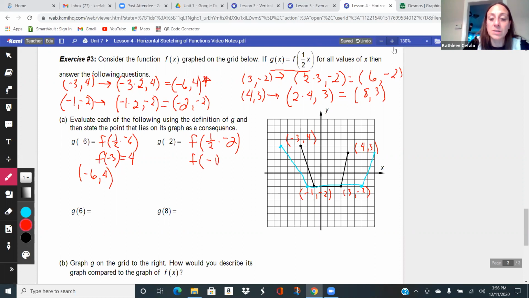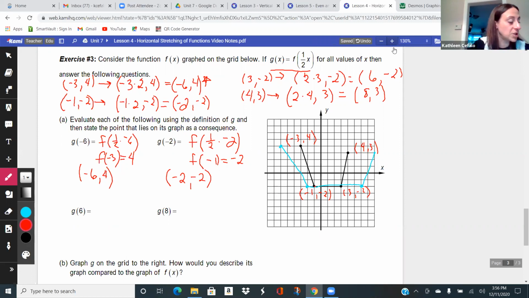And if I look on our graph, the f of -1 should give us -2. Okay, and the graph that we're looking at is the black graph. So if I go f of -1, that gives us that coordinate right there at -2. So what does that mean? If we put this all together, I now have the coordinate -2, -2.